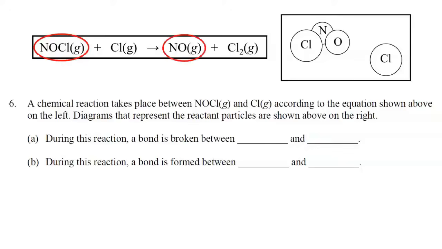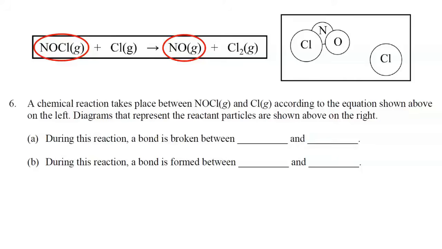Now, if I didn't have the particle diagrams on the right side of this slide, I might actually get this wrong. I might assume that there is a bond broken between oxygen and chlorine, but in fact, if I look closely at the particle diagram, chlorine is bonded to nitrogen, which is bonded to oxygen. So nitrogen is actually the central atom in this NOCl molecule.